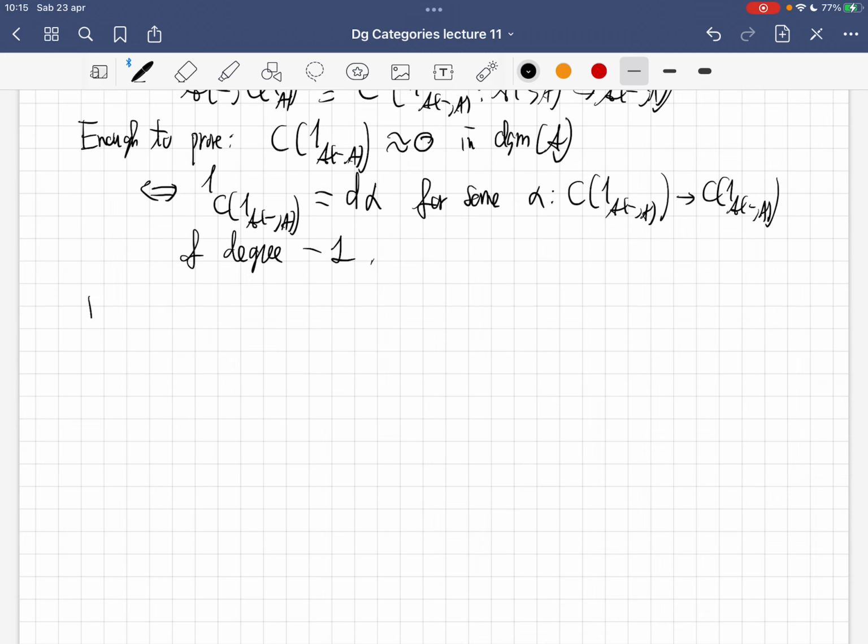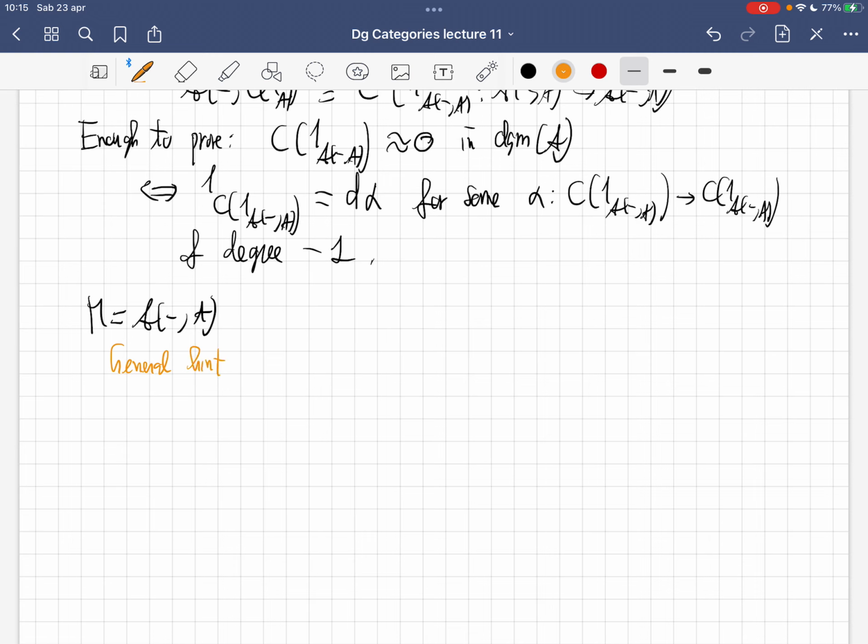Just to simplify notation, let me call M this. The argument actually works for a general DG module. So we have to find this homotopy, if you want, this alpha, such that the differential of alpha is just the identity. Now there is a general hint I can give you.